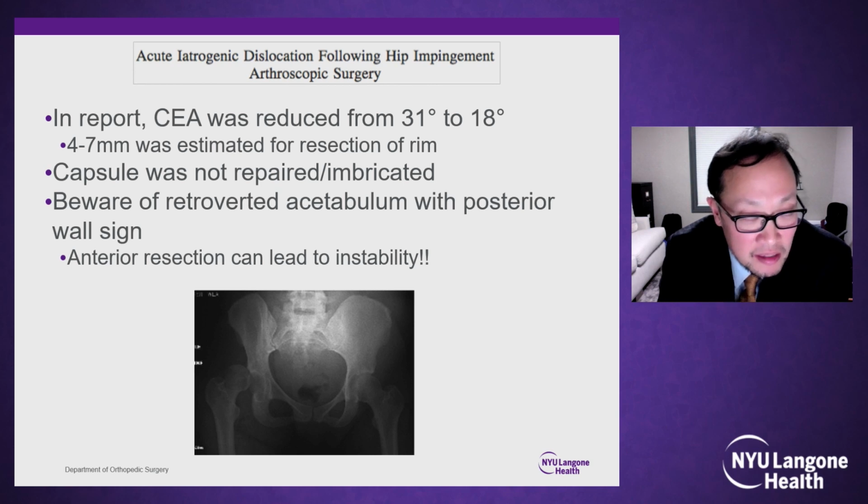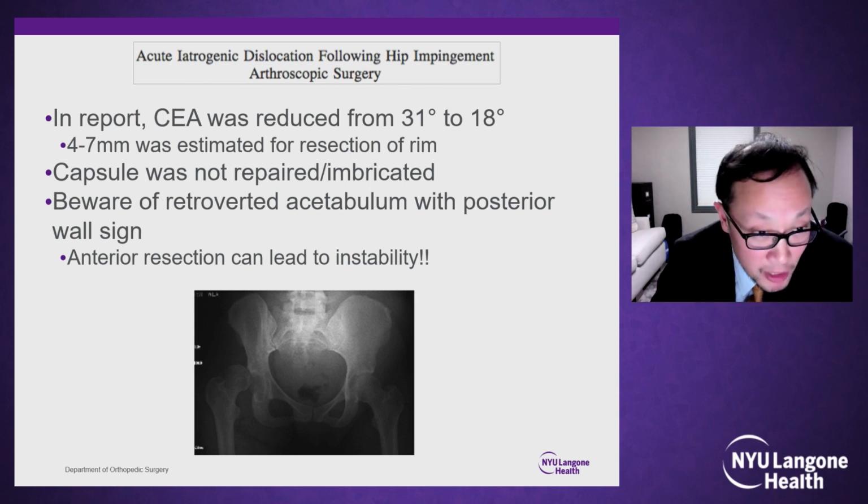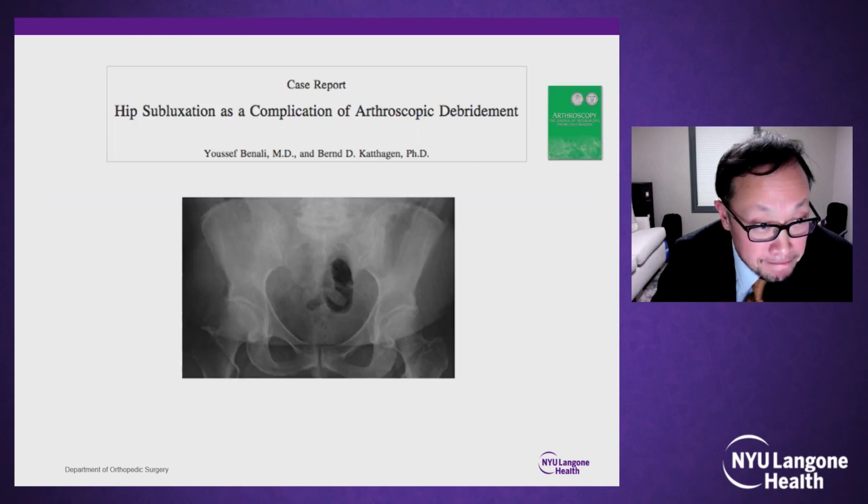And this is a perfect example of what happens when you resect too much, right? You basically created instability and took a patient who was probably normally covered and made them dysplastic.